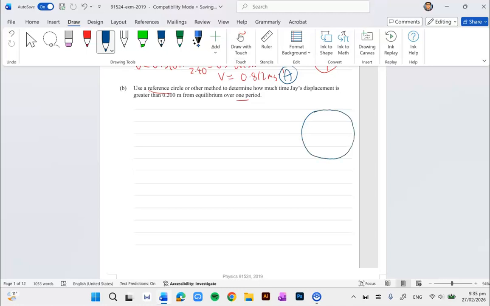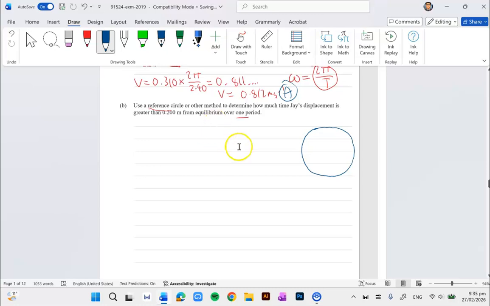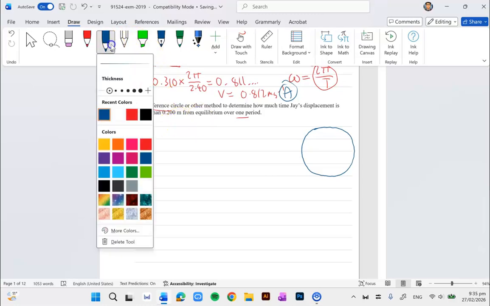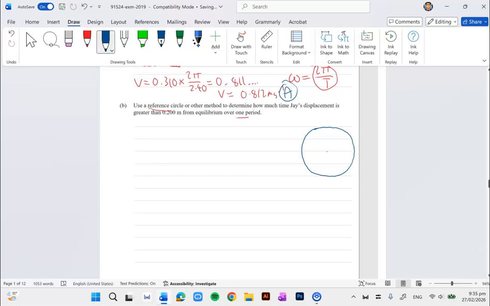okay, now we need to know how much time his displacement is above 0.2 meters from the equilibrium. So if I sort of draw it out like this, we know that the amplitude is this height here. If I just draw this, it's the same as this height here, so that's going to be 0.310.